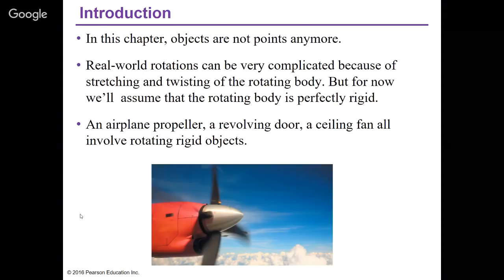To give you another example, if you have a half-filled bottle of water, and the bottle starts rotating, the water inside will start to redistribute its position with respect to the bottle. In this case, this half-filled bottle is not considered a rigid body.